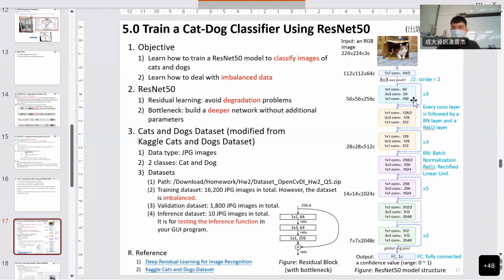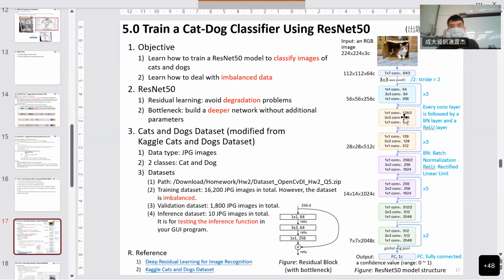After these 3 residual blocks, we go to the second section, where we have 4 residual blocks. The first residual block has a 1 by 1 convolutional layer with 128 filters and stride 2, a 3 by 3 convolutional layer with 128 filters, and a 1 by 1 convolutional layer with 512 filters and a shortcut.